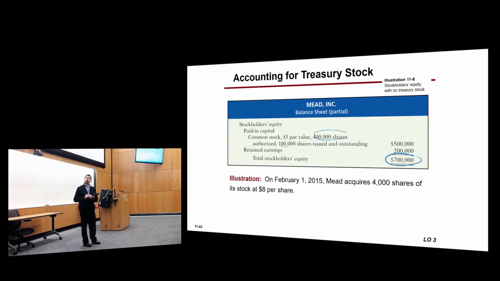Now, on February 1st, 2015, the company acquires 4,000 shares of treasury stock at $8 per share. This is how much the company bought back. Out of those 100,000 shares that are issued and outstanding, the company bought back 4,000. How many are issued?